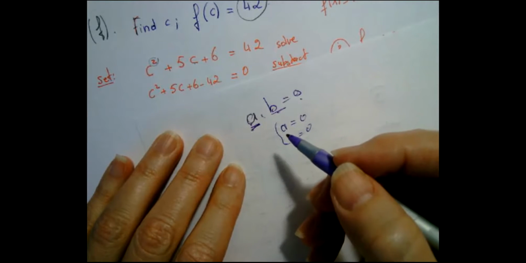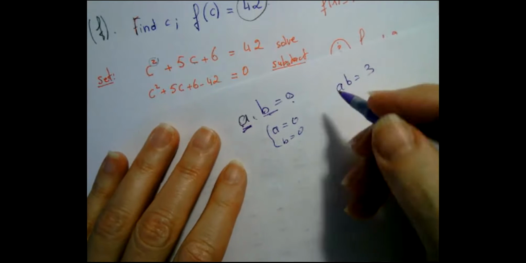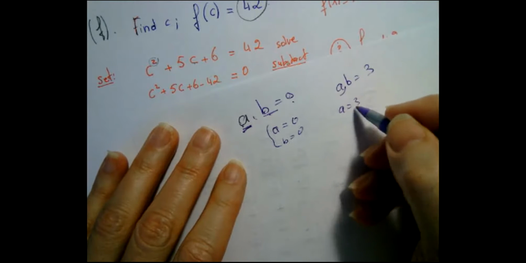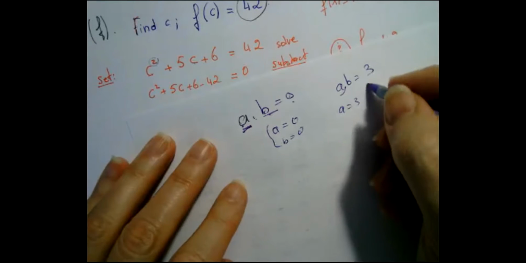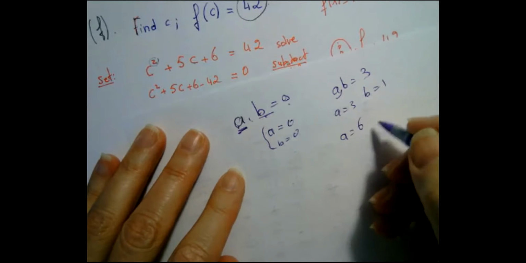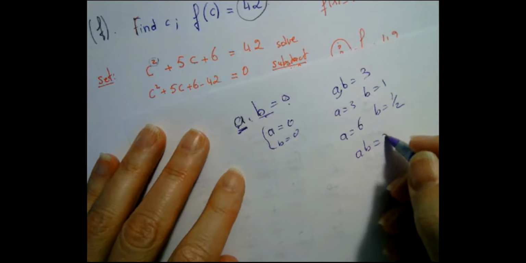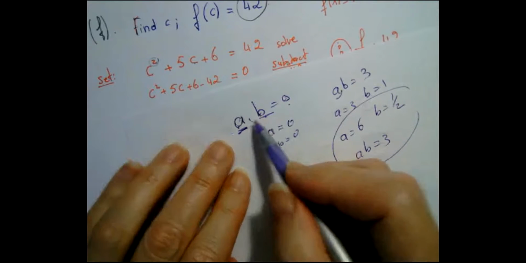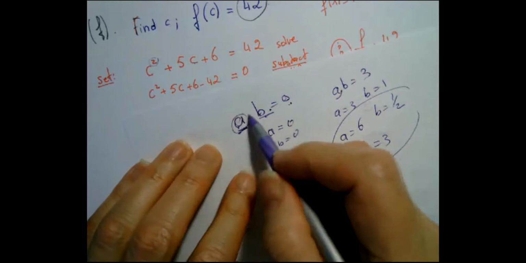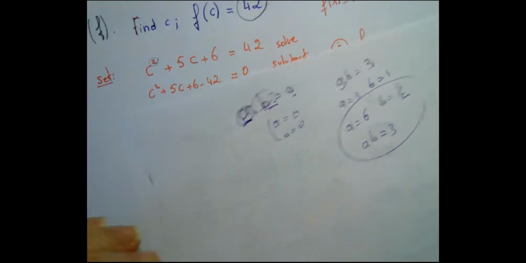That's really why we set it equal to 0. If A times B equals 3, I cannot say A equals 3, because A could be 6 and B a half, and the product is always 3. However, if the product is 0, one of them is 0. That's the importance of a 0 in the picture.